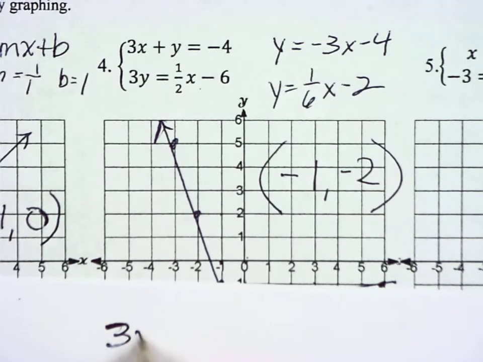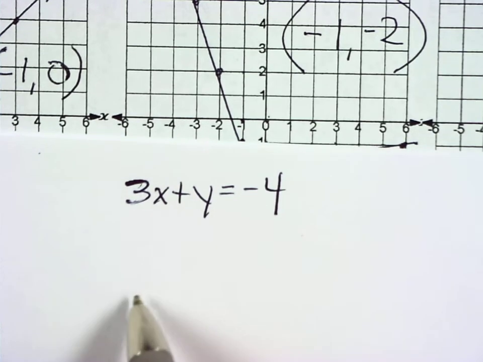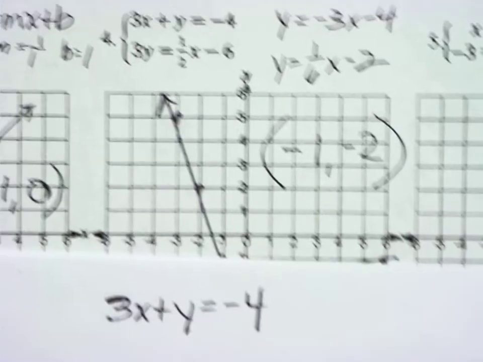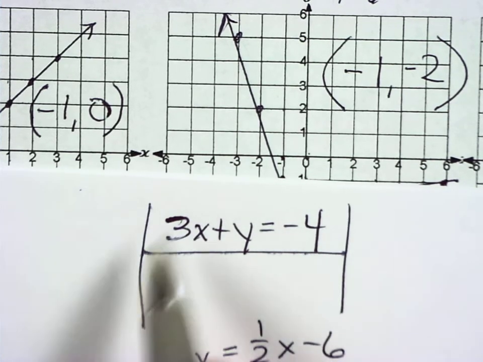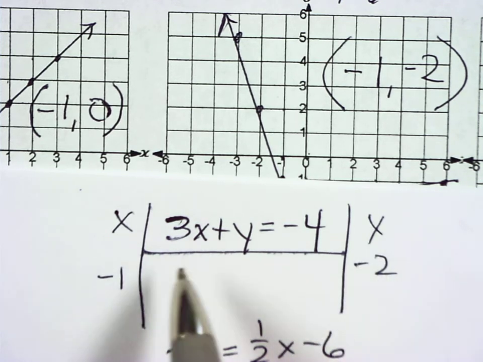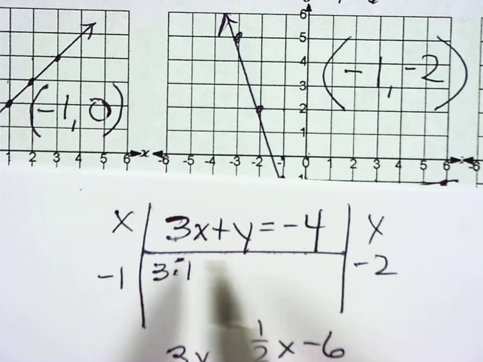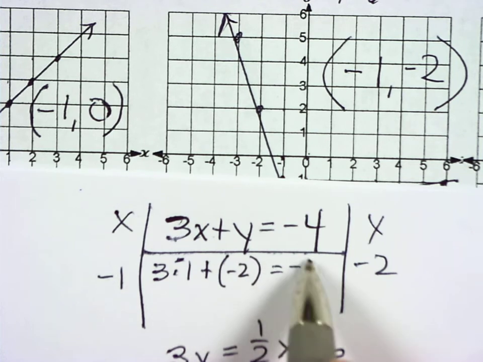So I have 3x plus y equals -4, and then I'm going to plug it into 3y equals 1/2 x minus 6. Let's see what happens here. So I'm going to plug in -1, -2, and I'm going to get 3 times x, and that's -1, plus y, which is -2, equals -4.